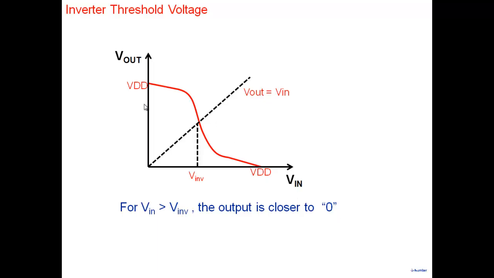For any arbitrary voltage transfer characteristics, if you need to find the inverter threshold voltage, not the transistor threshold voltage, all you do is draw a line V out equal to V in, and you get a point of intersection, and you call that the inverter threshold voltage. And in a good inverter design, what are we looking for? An inverter threshold voltage of 0.5 VDD. So that becomes one of the design criteria.